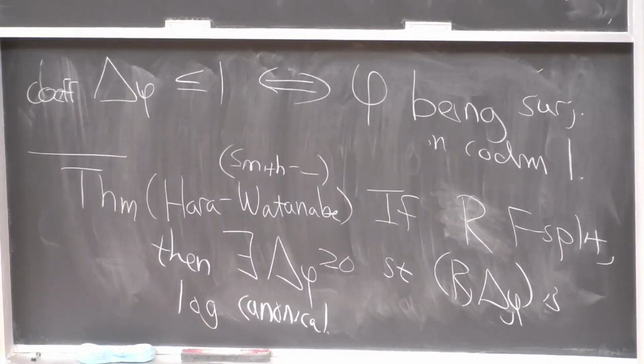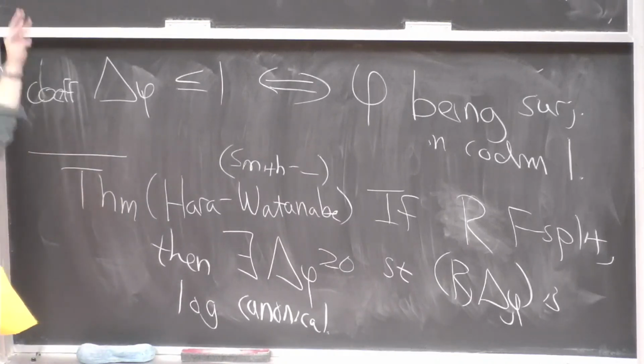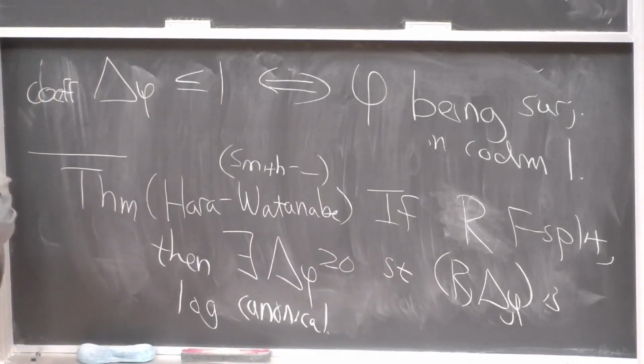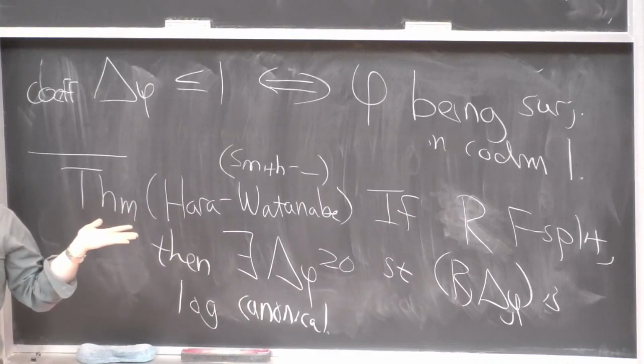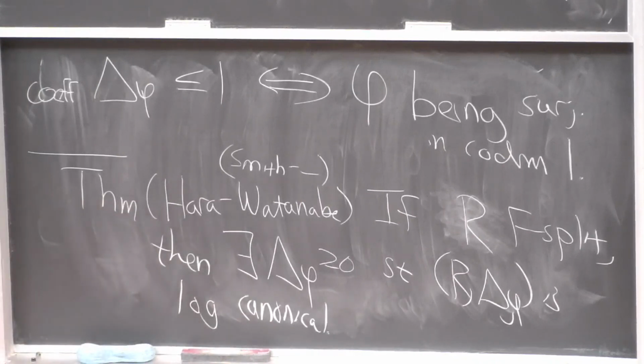But a cone over a supersingular elliptic curve is still log canonical, but it's not F split. If I take the map that should be a Frobenius splitting downstairs and lift it up to my resolution, the blowup of the cone point, it's surjective upstairs, but when I push it down, surjectivity is not preserved under push forward on global sections. And that's what goes wrong.